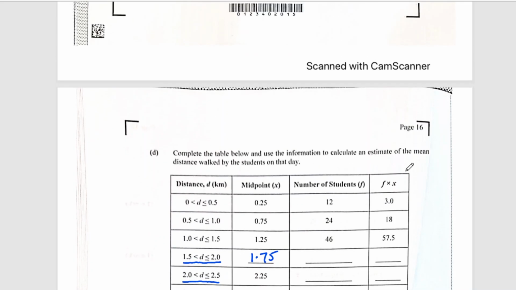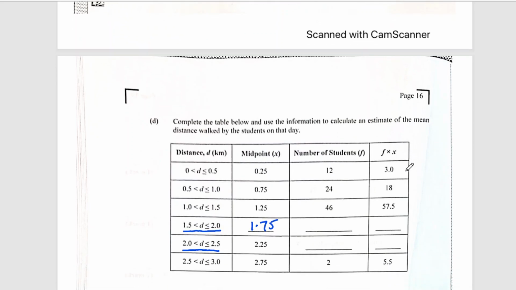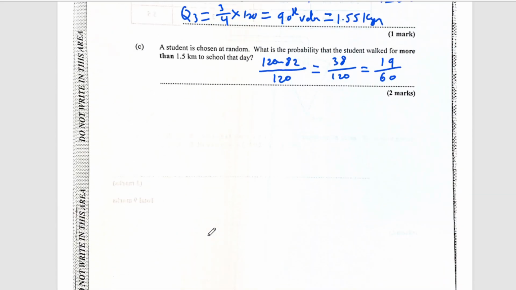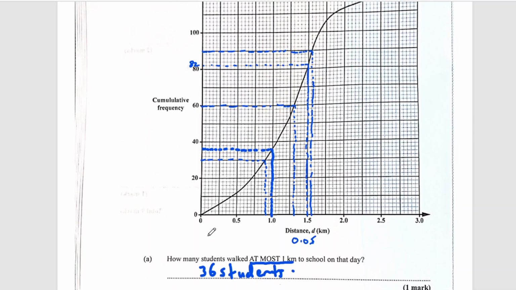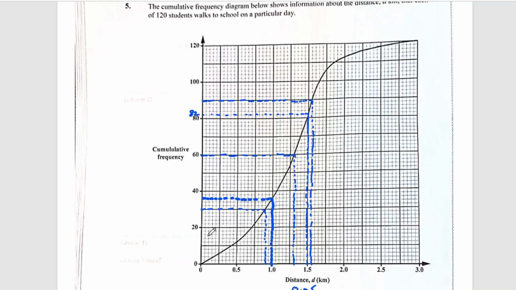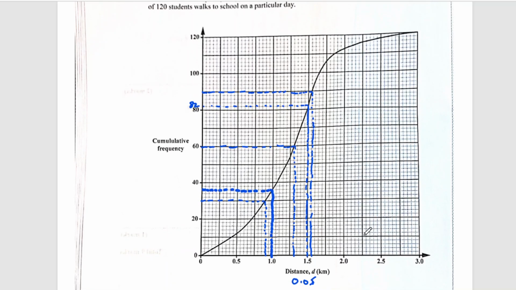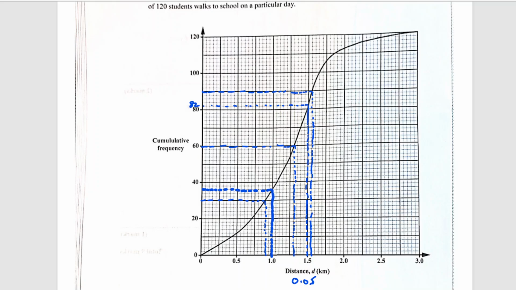All right. So we want to know between, let me start from this one first, between 2 to 2.5. So between 2, which is here, and 2.5, which is here, this part of the curve gives us how many students are between 2 to 2.5. So we need to get this value here.